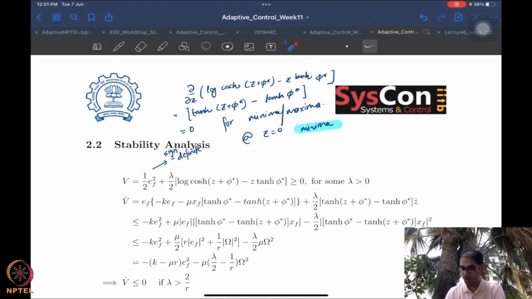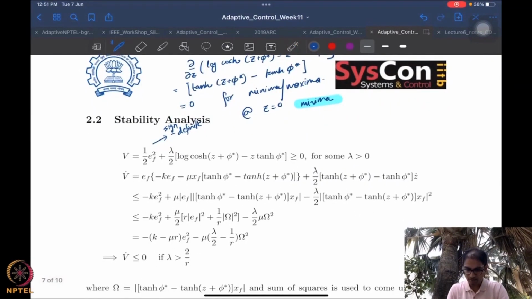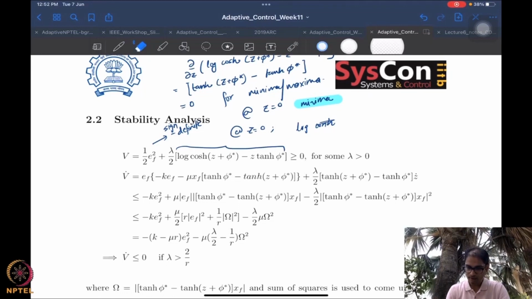And what is the minimum value? It's exactly going to be 0. That's what you have to verify. If you put z equal to 0 here, this will be log cosh of 5*, I believe.